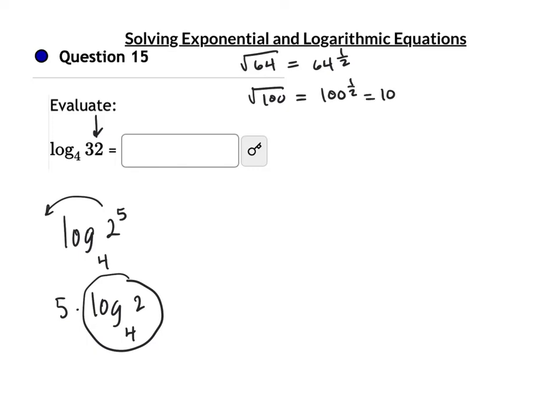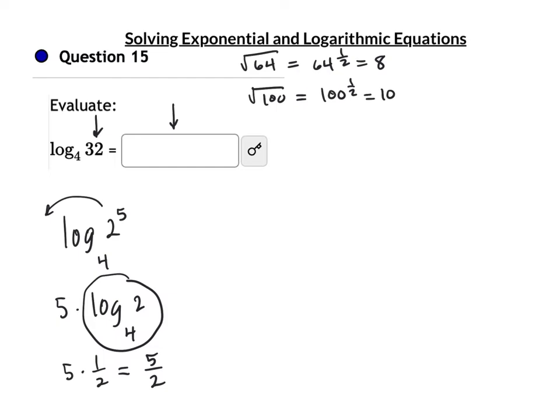That's going to be 10, and that's going to be 8. Well, 4 to the 1/2 power is 2, because the square root of 4 is 2. This then is just 5 times 1/2, or 5/2. And it may ask for a fraction here, which you'd have to put in 5/2, but technically 2.5 is the same thing. You'll have to see what it asks for.